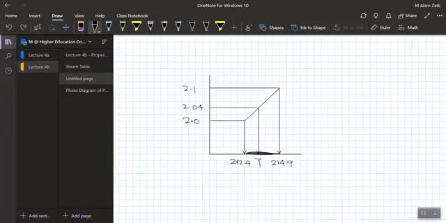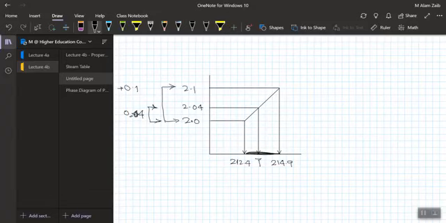If I imagine, the difference between these two values is equal to 0.1. The difference between this value and this value is 0.04, sorry for that, 0.04.